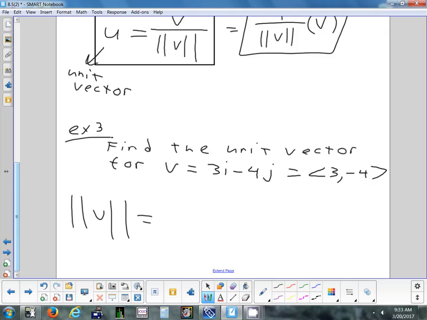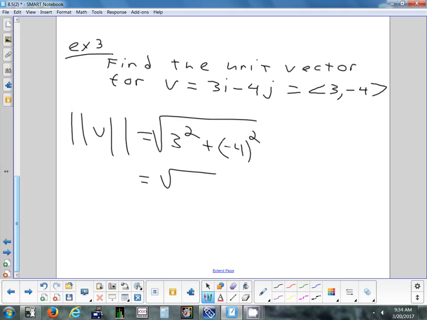Hey, Bria, can you set up my expression that I'm going to use to find the length of v? Yeah, it's always plus, because think of Pythagorean theorem, right? You're always adding. So plus negative 4 squared, and take the square root.